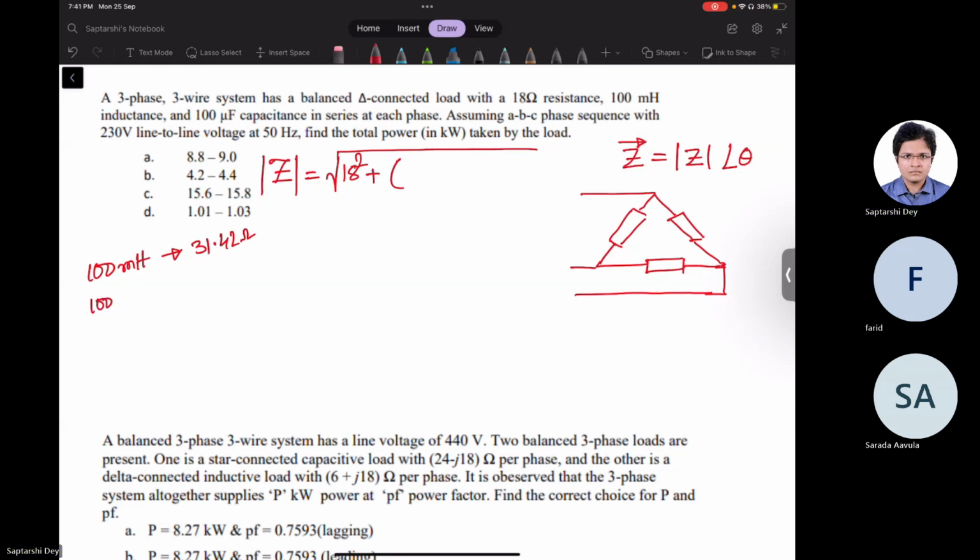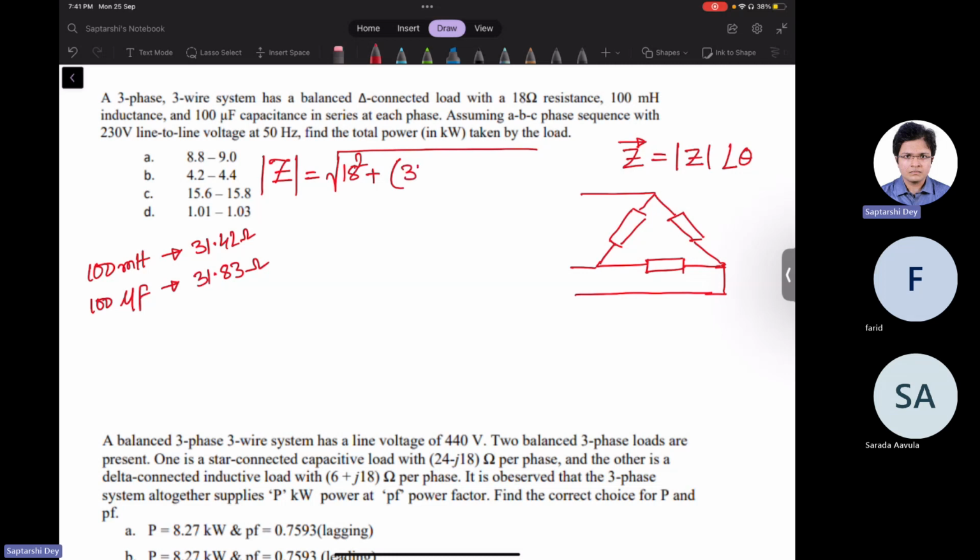And 100 microfarad at 50 hertz gives 1 by omega C, so 1 over 100 pi times 100 times 10 to the power minus 6, which is 31.83 ohm. So they almost resonated.